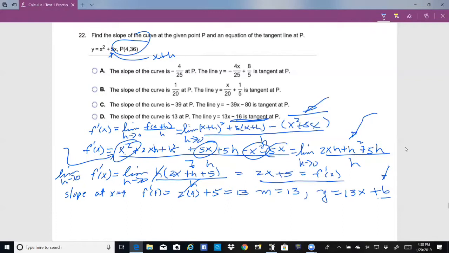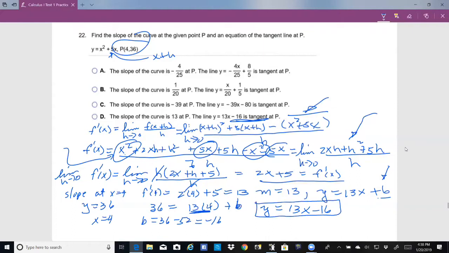So y is equal to 36, x equals 4. Plug that in and we get 36 equal 13 times 4 plus b. And b is equal to 36 minus 52. By the way, 52 is equal to 13 times 4. So b is equal to minus 16. So the equation of the tangent line is y equal to 13x minus 16.